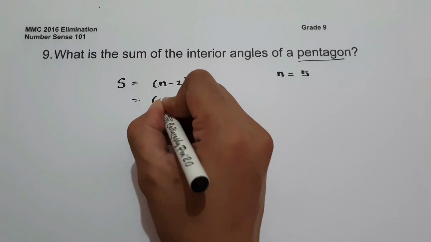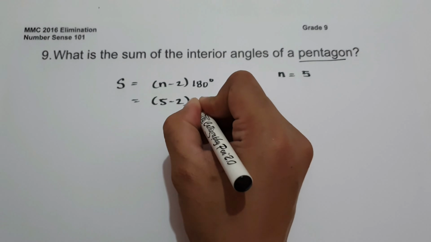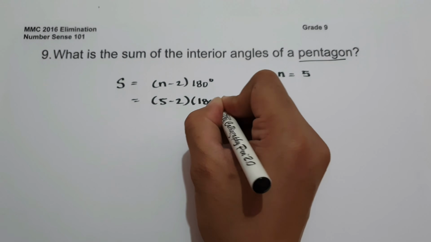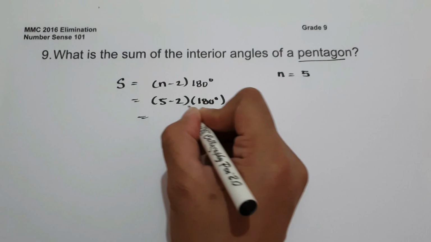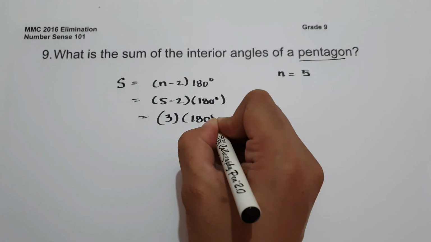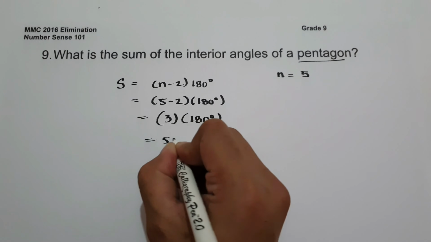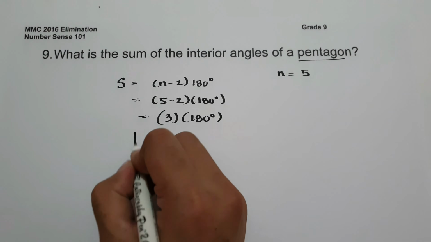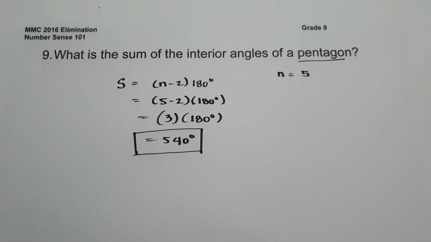So we have 5 minus 2 multiplied by 180 degrees. 5 minus 2 is 3, multiplied by 180 degrees, it will give us 540 degrees. So this will be the sum of the interior angles of a pentagon.